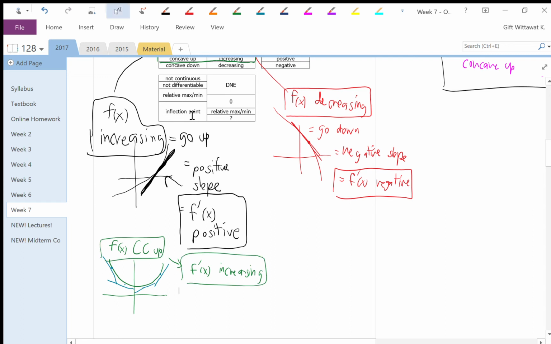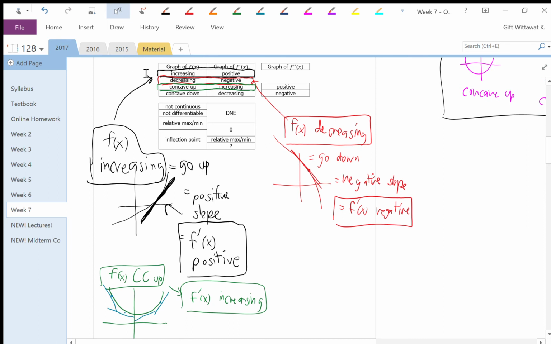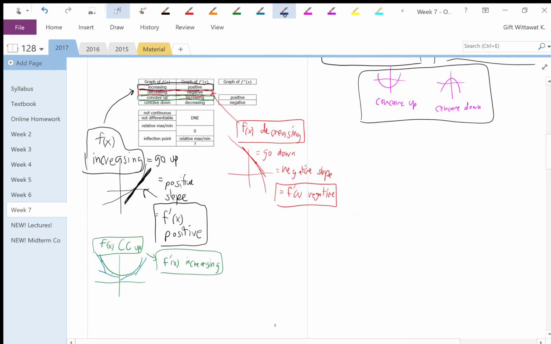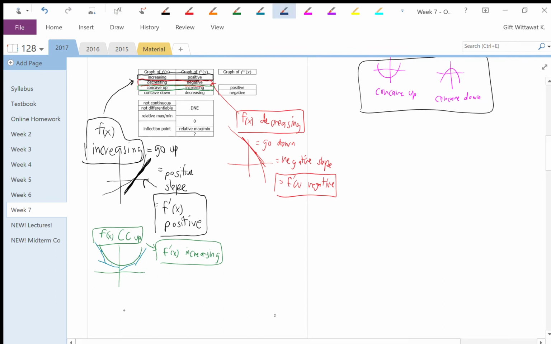So that's the third point in my table there. If you want to find out whether your function is concave up or concave down, you can find the derivative and see if the derivative is increasing or decreasing. And that will decide whether my function is concave up. And the opposite of that is true as well. If my function is concave down, the slope of the tangent line is going to decrease as x increases.